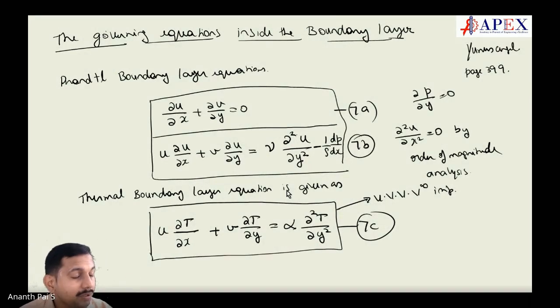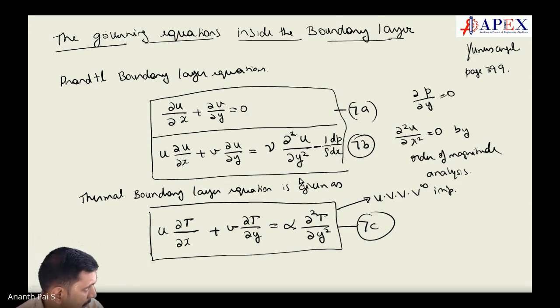Sorry, the Blasius equation. The Blasius flow is similar to the heat convection diffusion equation or the energy equation because there is no pressure gradient in the Blasius flow.